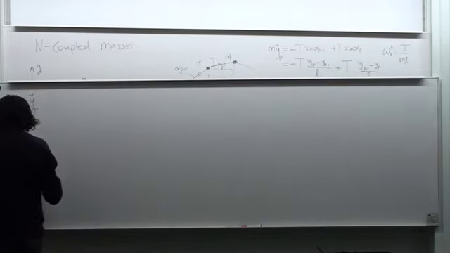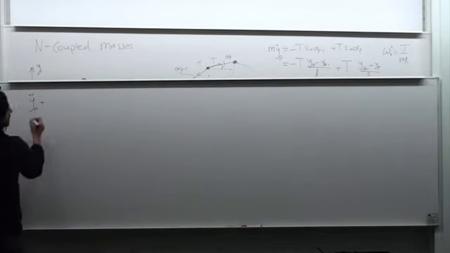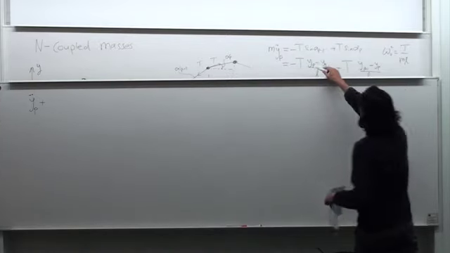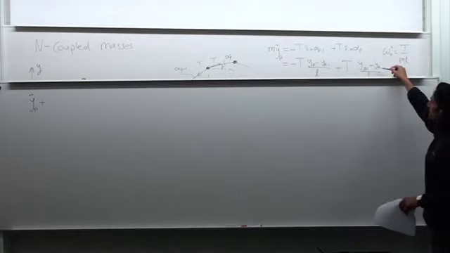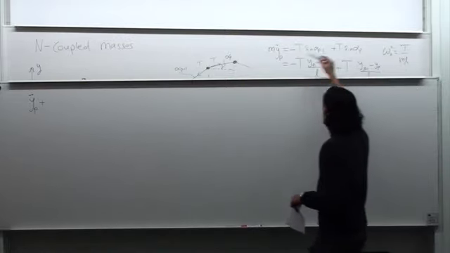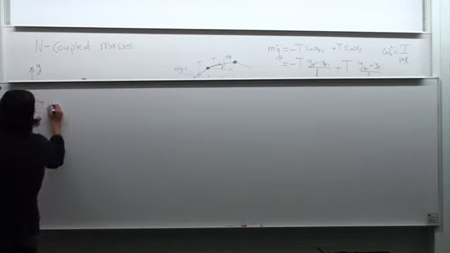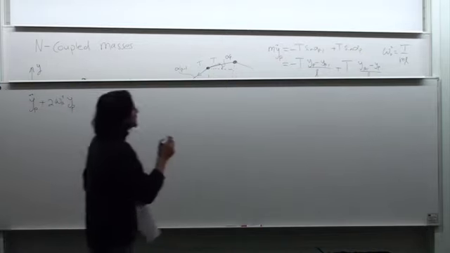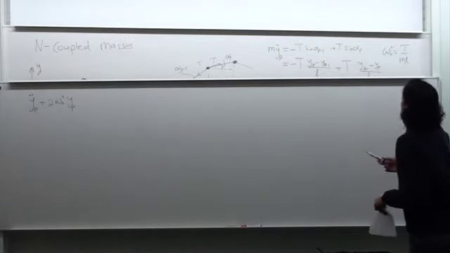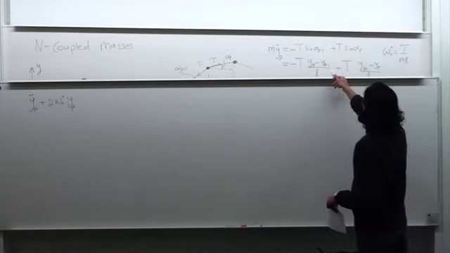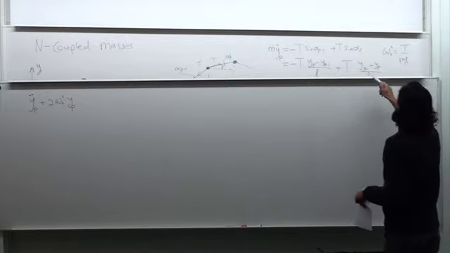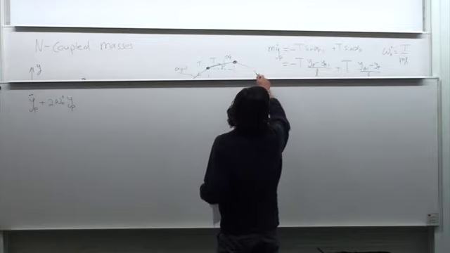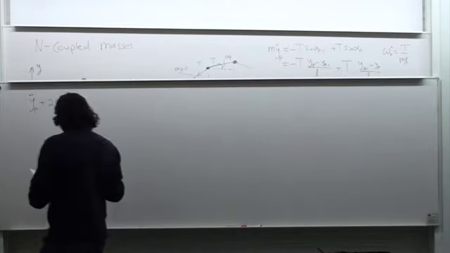So I can already write down here: I have one y p here and another y p here with the same sign, which is a minus sign. I take it to the other side, so I have 2 omega 0 squared y p, and we have a y p minus 1 and y p plus 1. The first one would be with a plus sign and the other one would be with a minus sign.